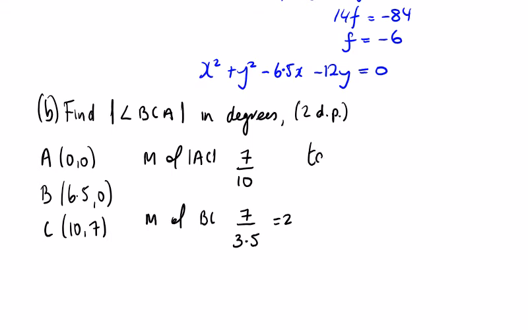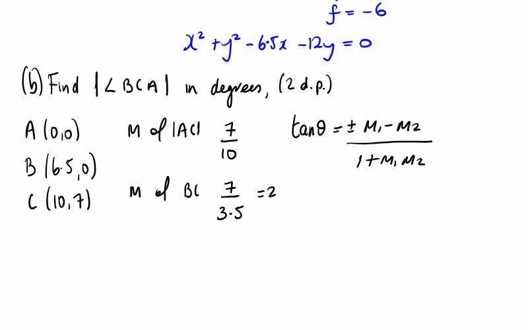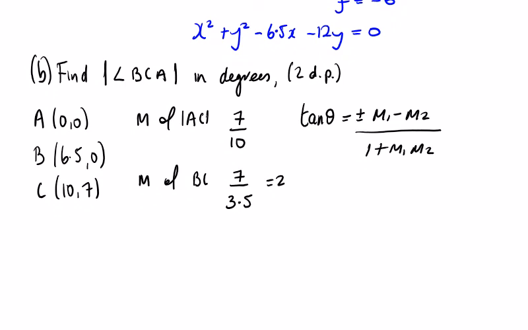So we have this formula, the tan of theta is equal to plus or minus m1 minus m2 over 1 plus m1 m2. It's in the tables if you don't know. And this will give me the angle between two lines. So I can start with either one. I'll start with the 7 over 10 minus 2 over 1 plus 7 over 10 times 2. So 7 over 10 minus 20 over 10 is minus 13 over 10.